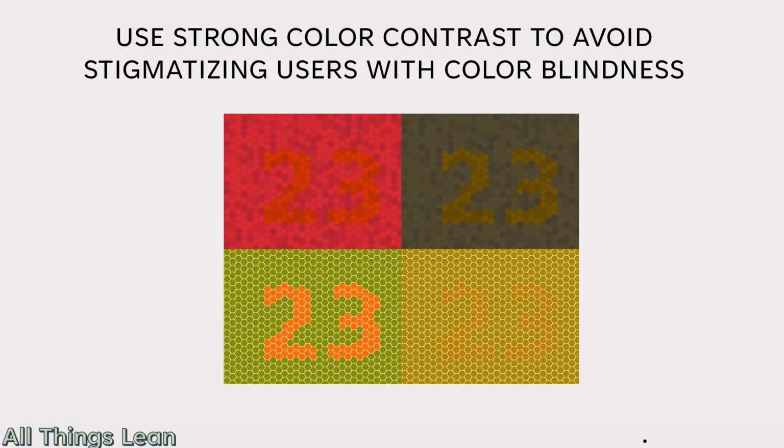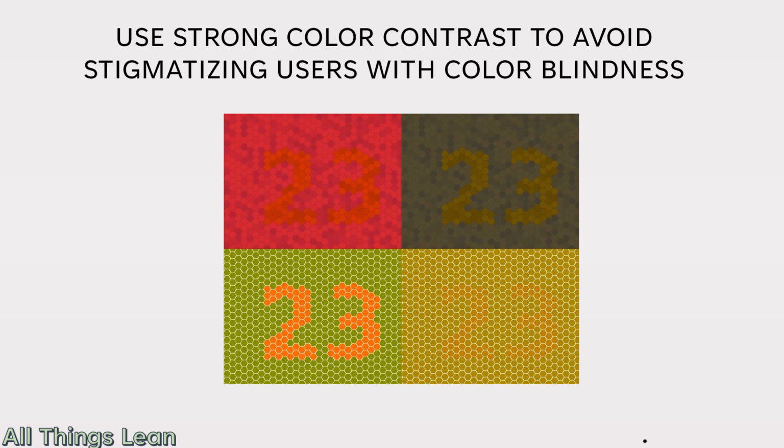You can avoid segregating or stigmatizing your users by designing color palettes with strong contrast. One of the common myths about accessibility is that if you design for accessibility, then you would be sacrificing the visual design. This is incorrect. A design with strong color contrast can be aesthetically appealing to all users.